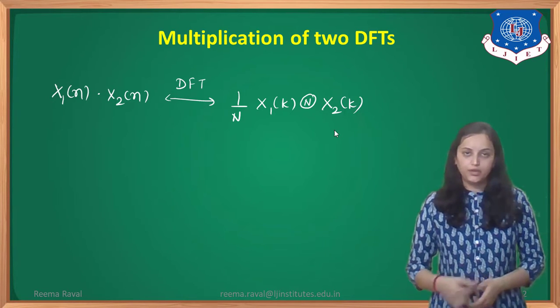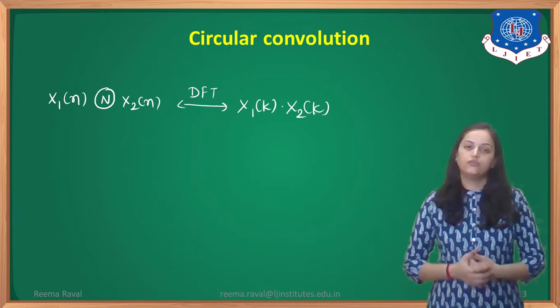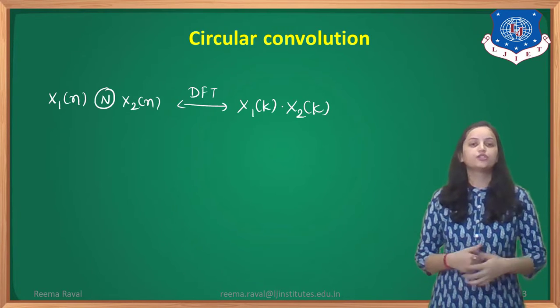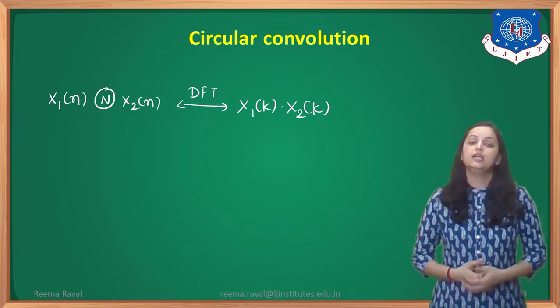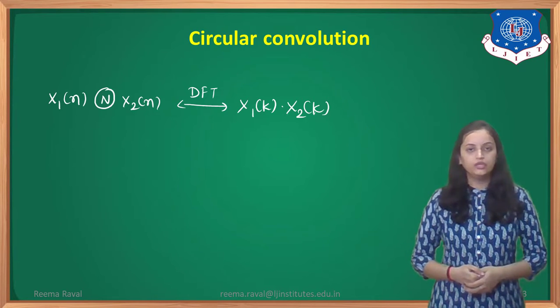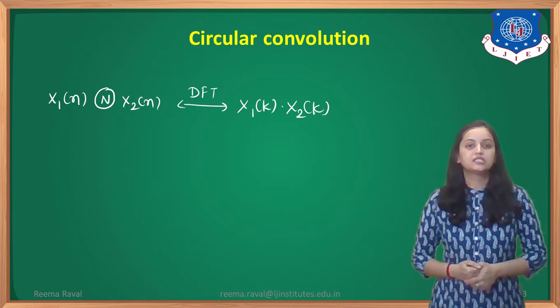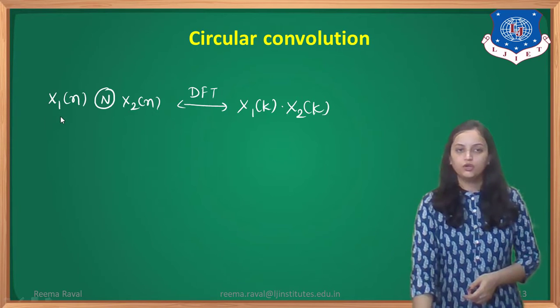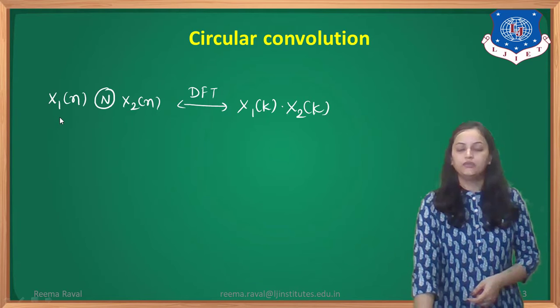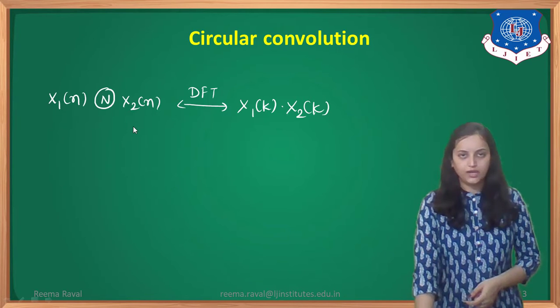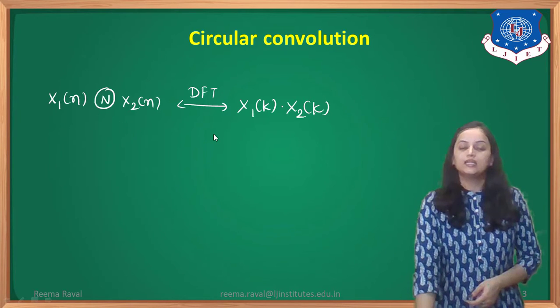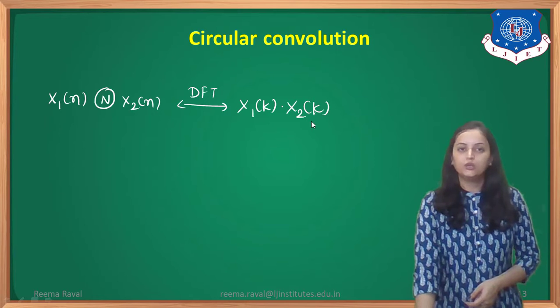Let's move to the next property, that is circular convolution. So it is the reverse of the above property. That means if we want to find the circular convolution of two sequences, it is the multiplication of its DFTs. That means if I want to find the circular convolution between x1 of n and x2 of n for N point, its DFT will give X1 of k into X2 of k.